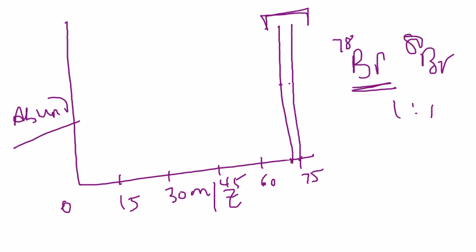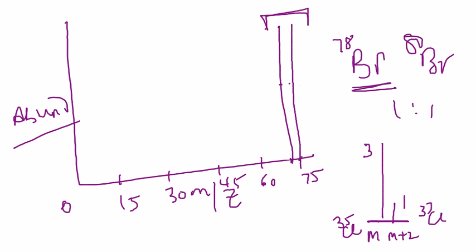So if you know something about bromine, or if you know something about chlorine, which has a ratio of M and M plus 2, so chlorine 35 and chlorine 37 being in the ratio 3:1. So that's one thing about chlorine. And so you can say that looking at the abundance of the isotopes, one can predict if there is a specific type of atom or a specific type of isotope present in a molecule or not.